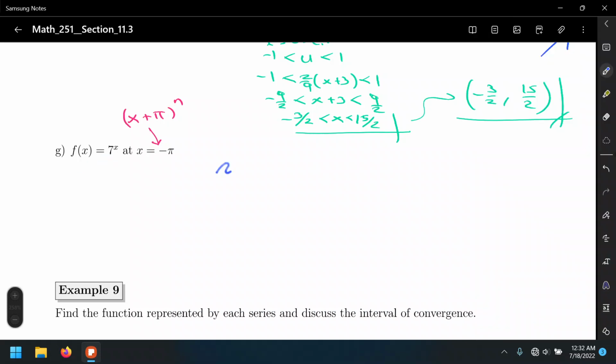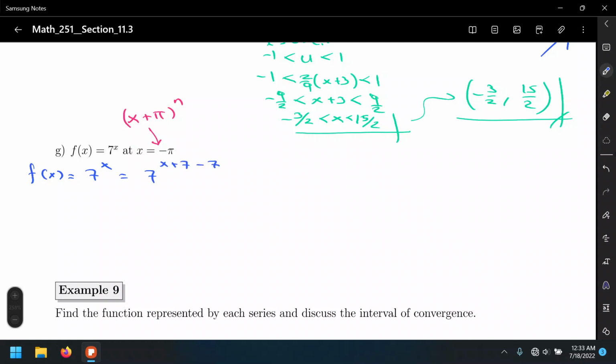So let's start by rewriting the function again. f of x equals 7 to the x. But in this case, I need that x to be shifted, so 7 to the x plus 7 minus 7.